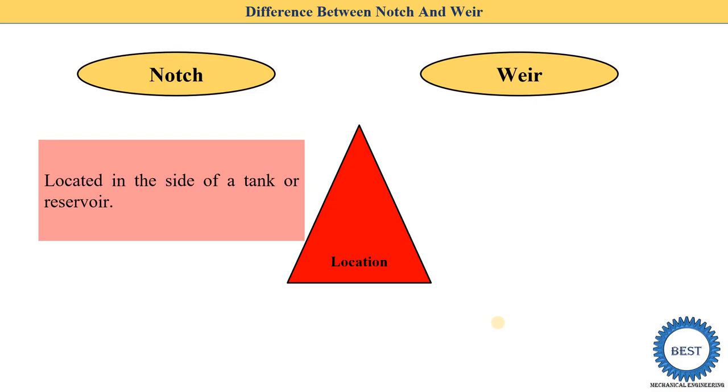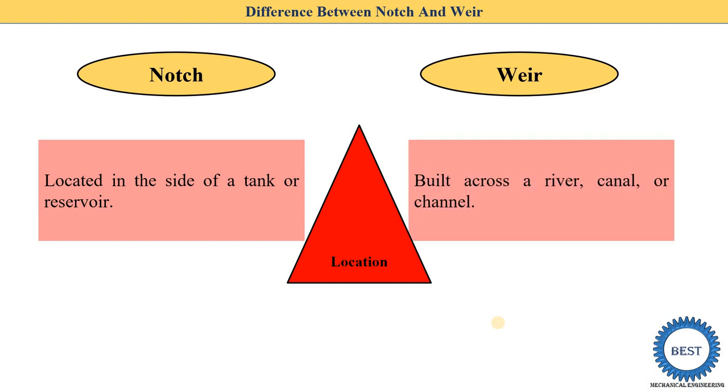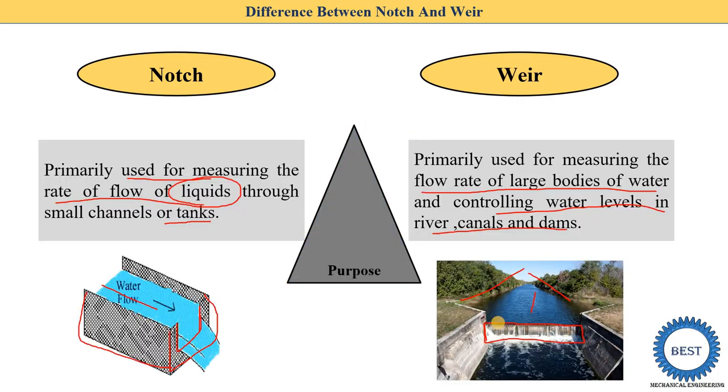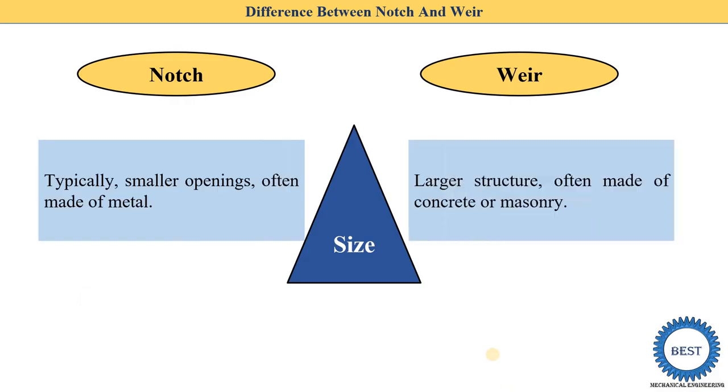Notches are located on the side of a tank or reservoir, and the weir is built across a river, canal or channel. In this image we see that the weir is built across a river, canal or dam.